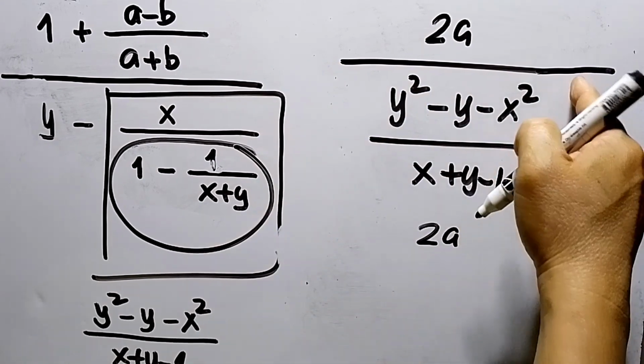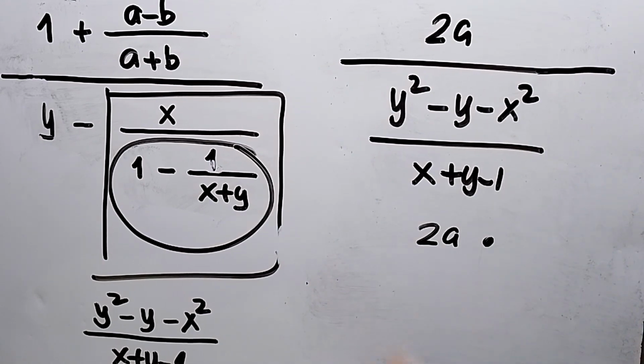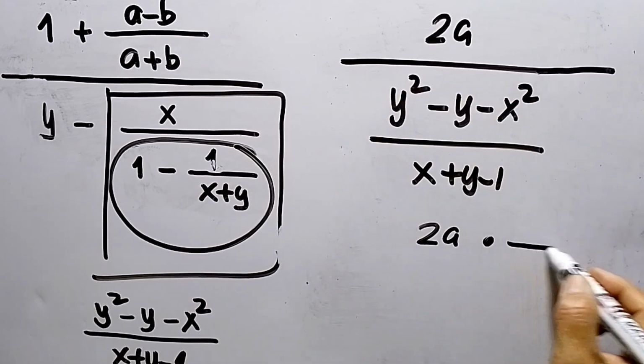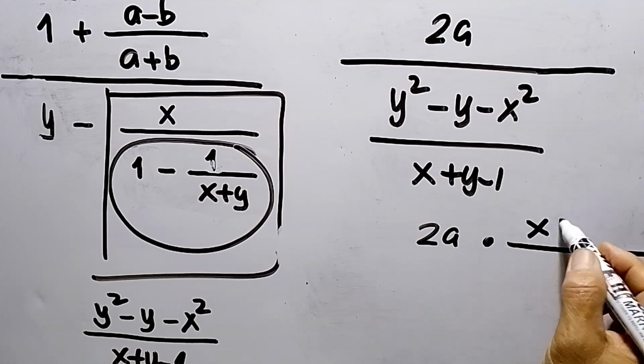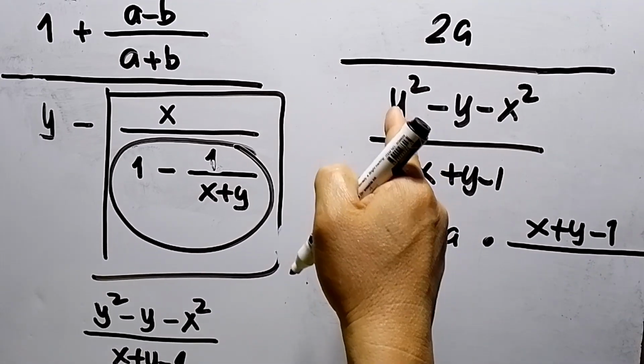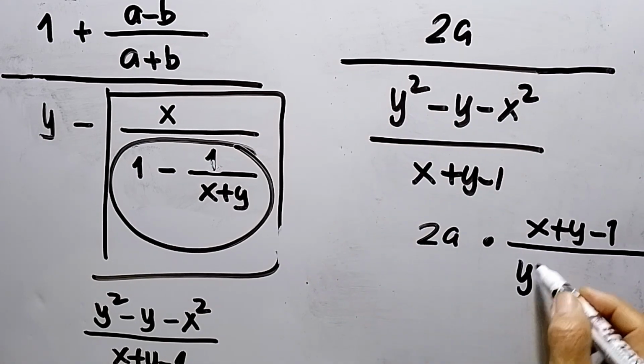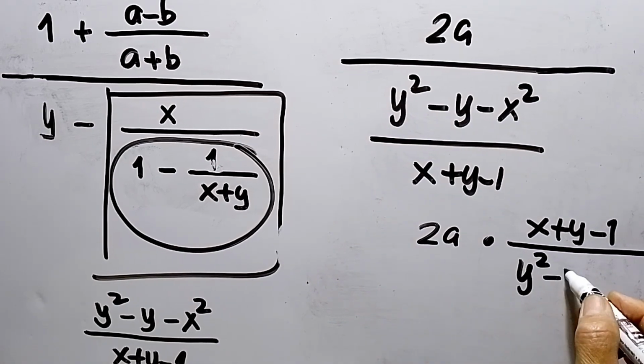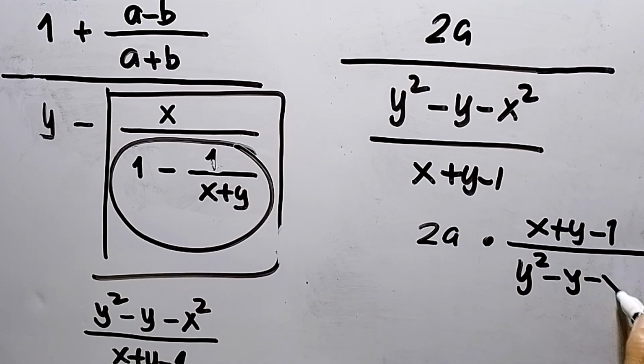So I need to change this one to multiplication, then turn my denominator upside down, which is x plus y minus 1 over y squared minus y minus x squared.